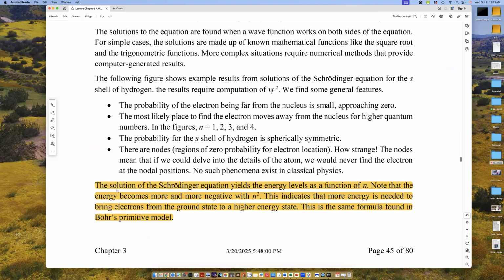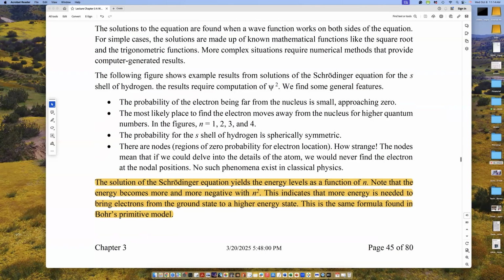So what we see is the solution of the Schrodinger equation gives us the energy levels as a function of integers. That's why the word quantum is used in describing this theory. Everything depends on integers. Here I emphasize it right here. The integers 1, 2, 3, 4, and so forth. Nowhere here do the equations result in results like 1.2 or 2.6 or something like that.